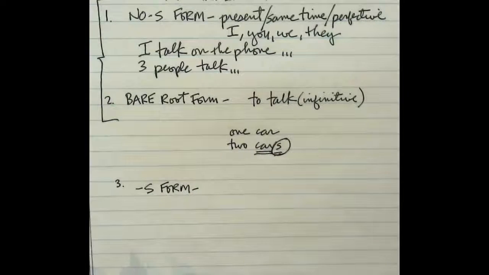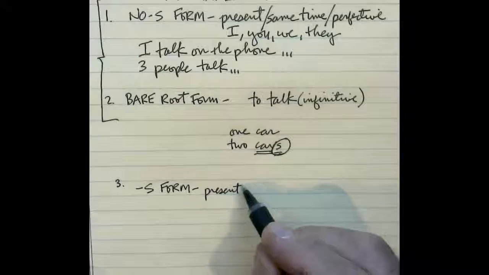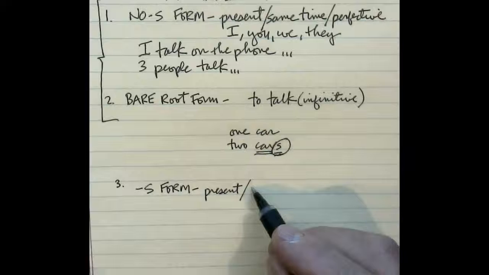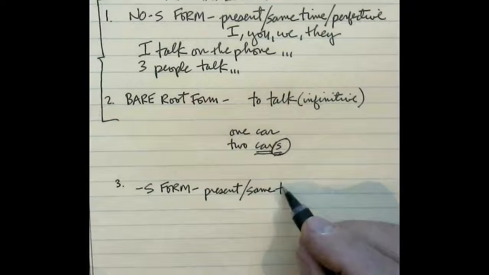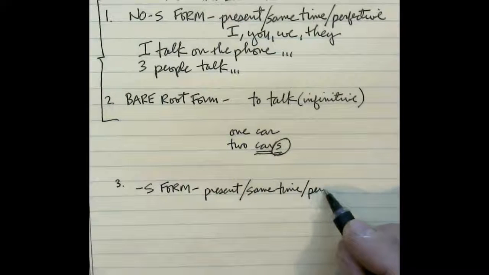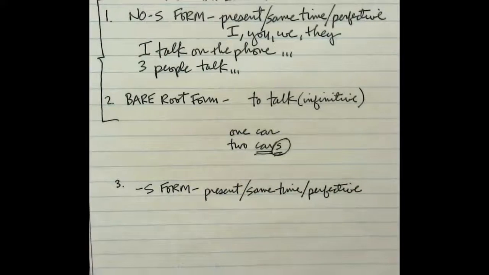Now, the S form, you can imagine, is very similar to the no S form. It's oriented to the present. The relationship of this action to the present is same time, and it's also perfective.